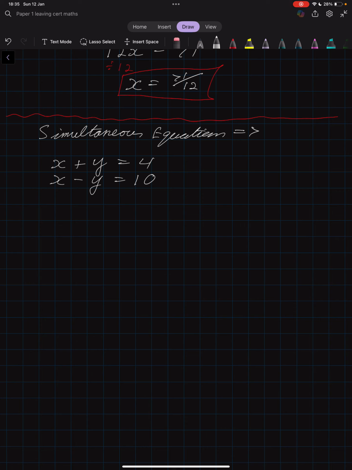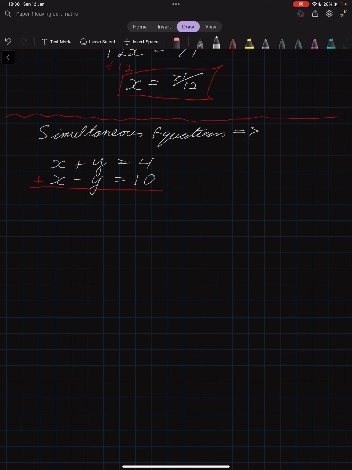Now, how am I going to do that? You simply add the equations together. Why am I doing that? Because I know y plus y minus y equals 0. So y goes, it's gone.